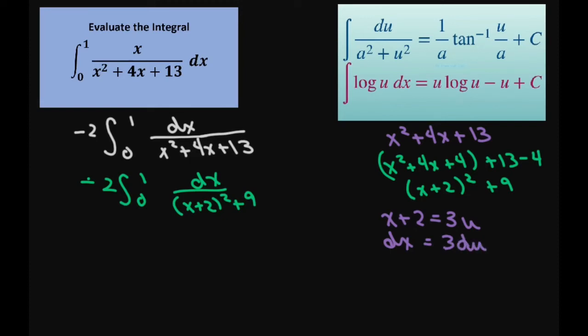All right, so using substitution, I'm going to have negative 2. And if my x is 0, then my u is going to be 2/3. I'm just substituting in here. So u would be 2/3. When my x is 1, my upper limit is going to be 1 as well.